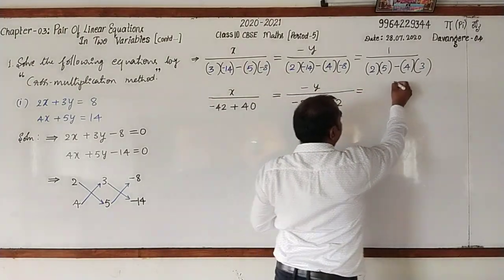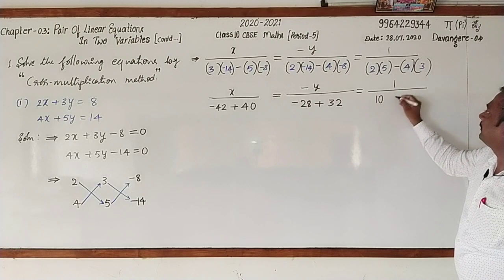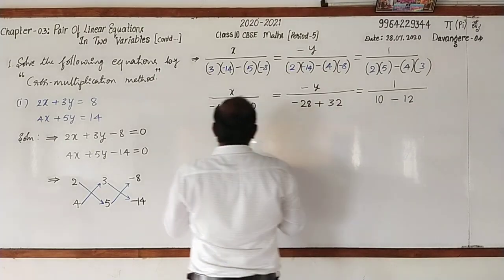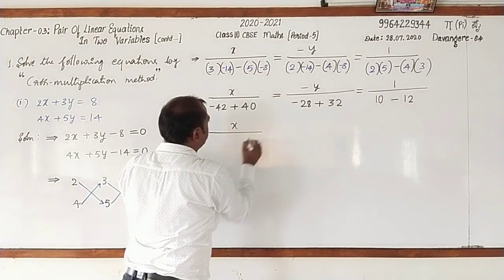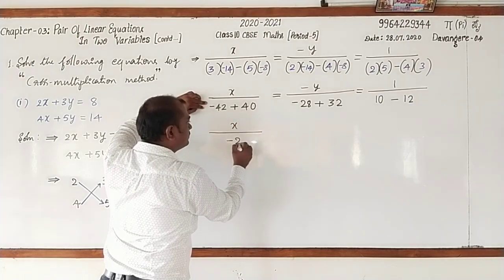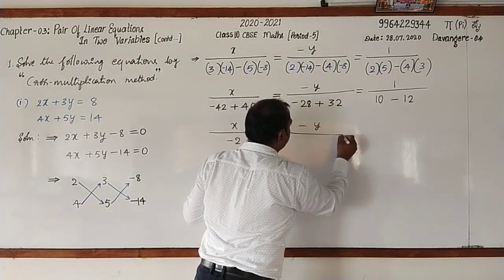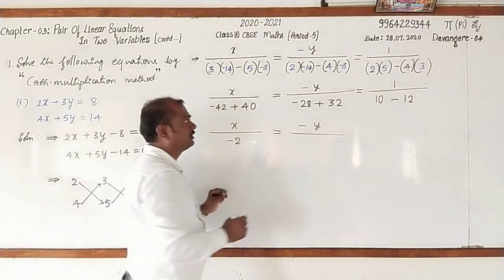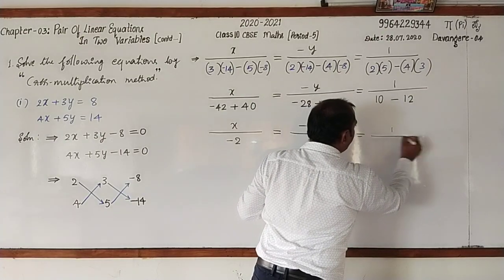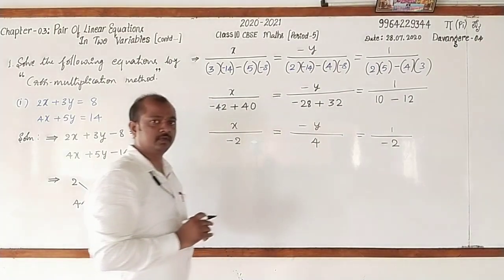Equal to 1 divided by 2 fives are 10 minus 4 threes are 12. Clear? Next, x by minus 42 plus 40 is minus 2. Equal to minus y by minus 28 plus 32, which is 4. Equal to 1 by 10 minus 12, which is minus 2. Clear?